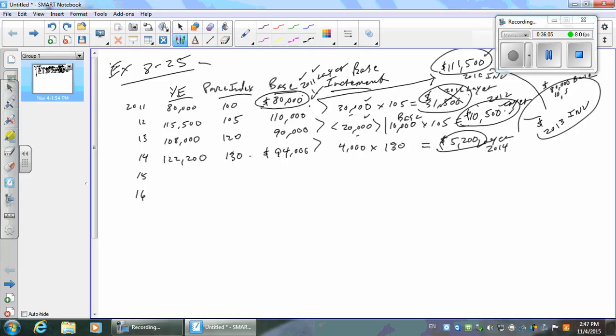Oh my gosh, I'm sorry. 10.5 from... that base year was 2011. And from 2012, we have 10.5. This is a layer from 2012. That one would be 90,500.